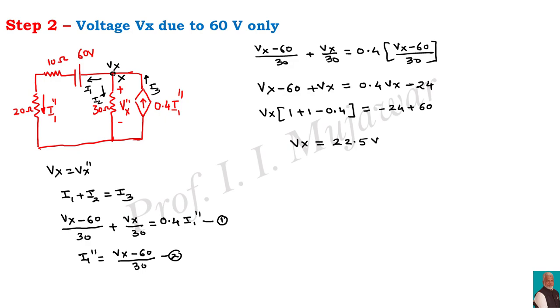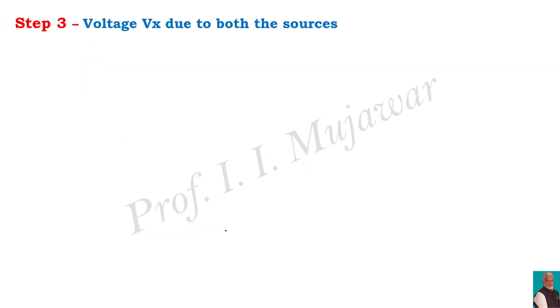Since Vx and Vx double dash are the same, Vx double dash is equal to the voltage drop across the 30 ohm, which is 22.5 volt. Next, by using the superposition theorem, Vx dash we have already calculated, and Vx double dash is 22.5 volt.